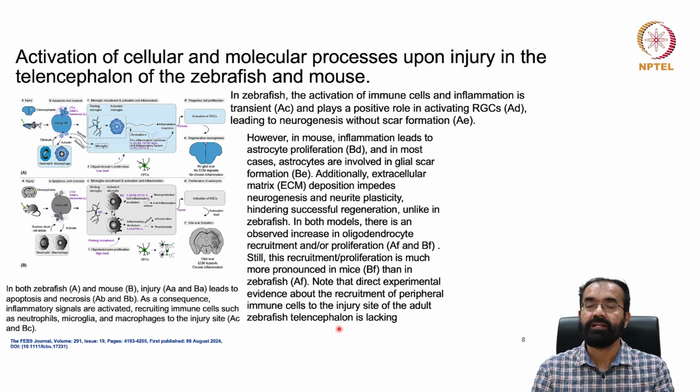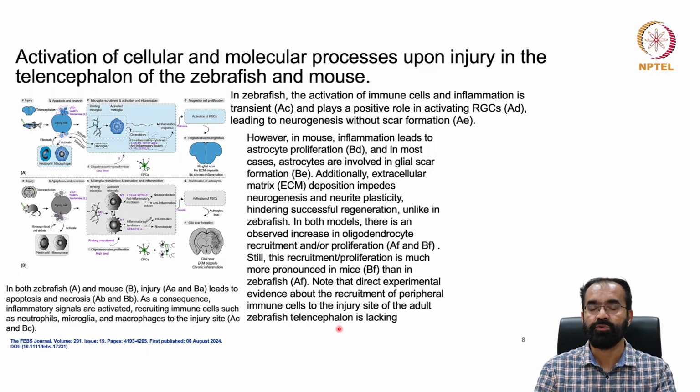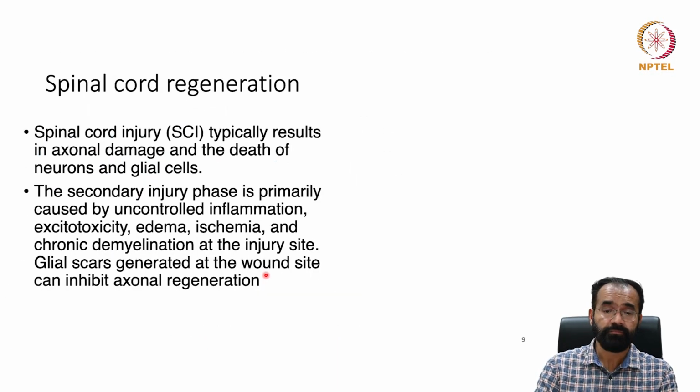That means there is not too much aggressive recruitment of immune cells in zebrafish, because of which the immune response is minimal, and hence the ECM or the scar formation is minimal. Hence the newly formed neurons get a chance to migrate effectively and form newer connections.